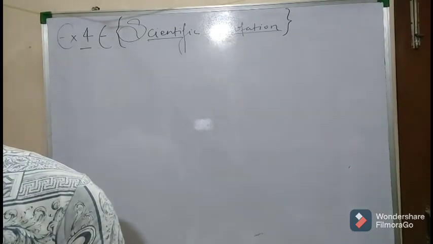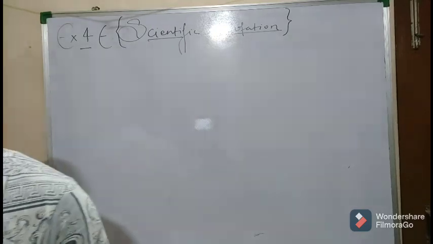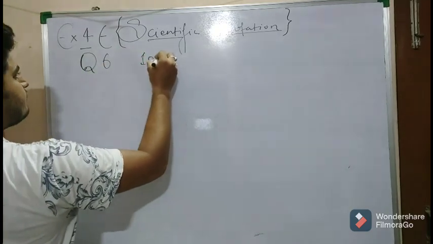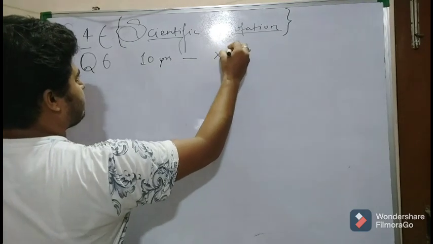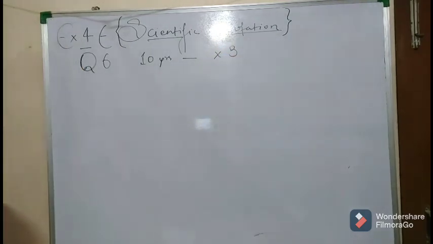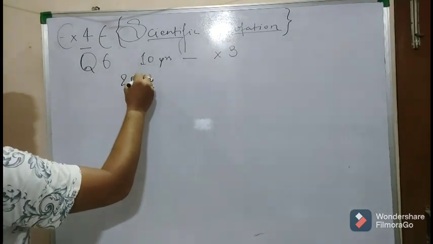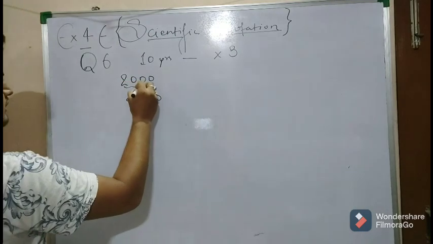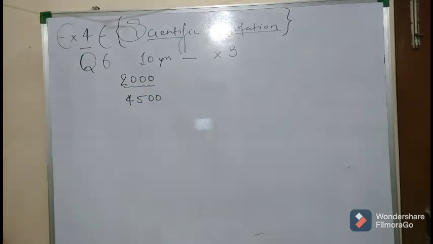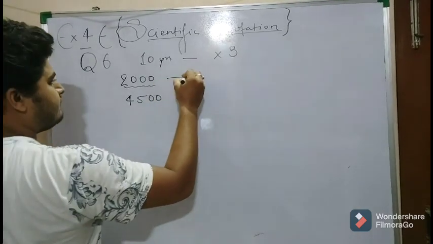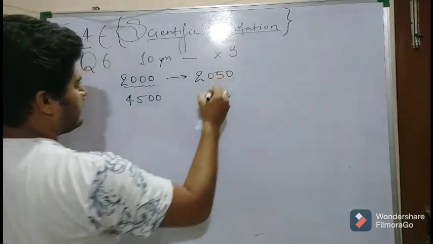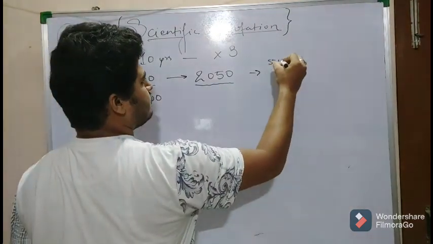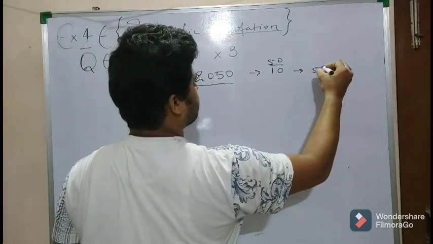Question number 6 is saying the population of a certain town triples every decade. Every decade means 10 years of time. The population is getting tripled. So it is asking that if the population in the year 2000 was 4,500, how many people will be living in the town in the year 2050? 2050, so how many years gap? 50 years. 50 years when converted into decades will be how much? 5 decades.